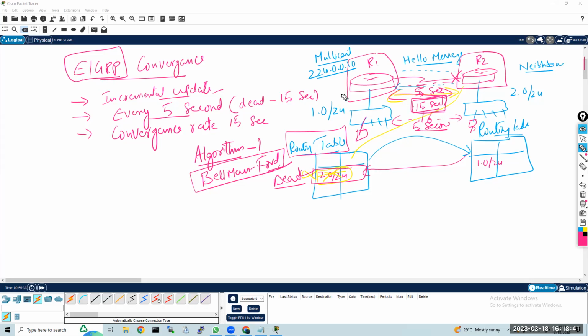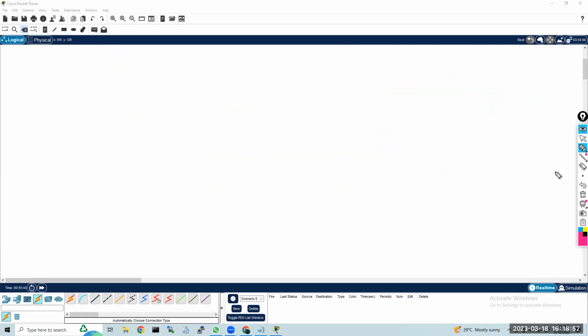Okay, next we jump to the other topic, then we'll go for the lab. So let me draw one. Let's draw a topology, guys. Let's say, for example, I have this router.